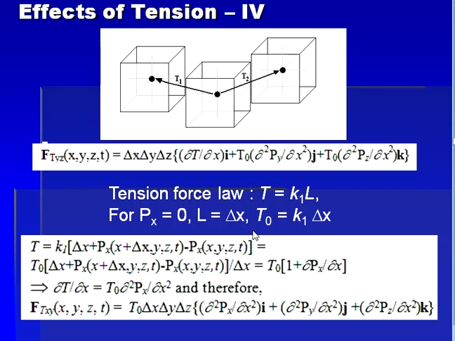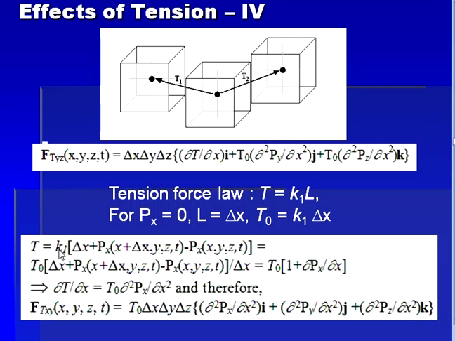Now, the magnitude of the tension is K1 times the length of the cube, which is delta x, its undisturbed length, plus whatever displacement it has in the x dimension on the right face, minus whatever displacement it has on the left face in the x direction. That's given by this expression here.